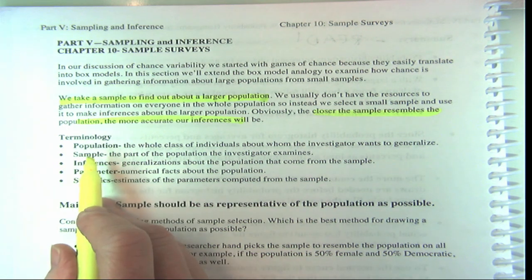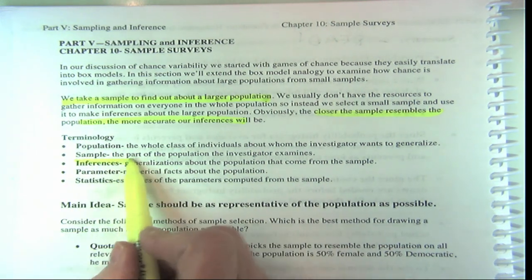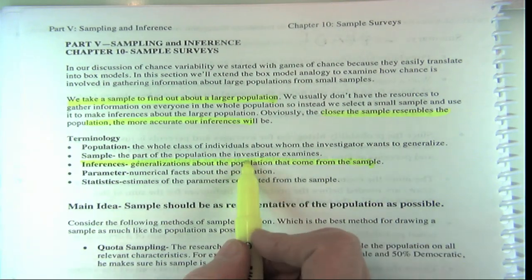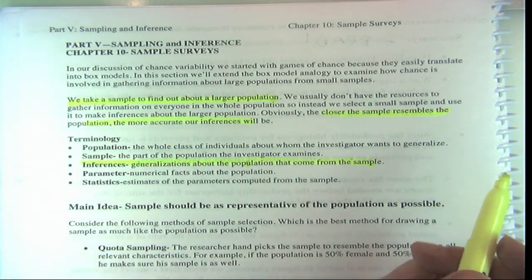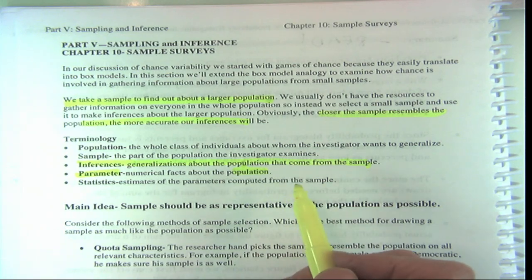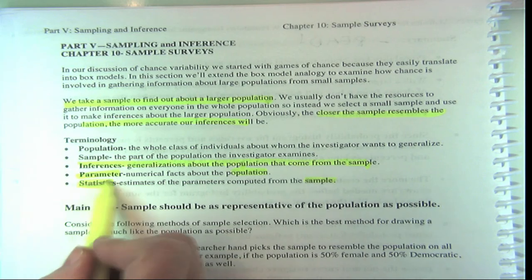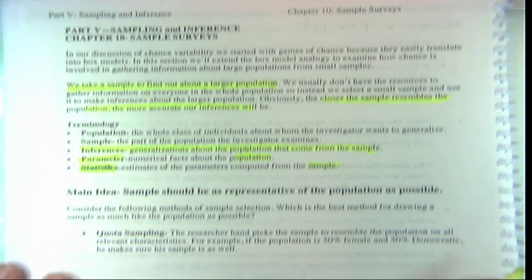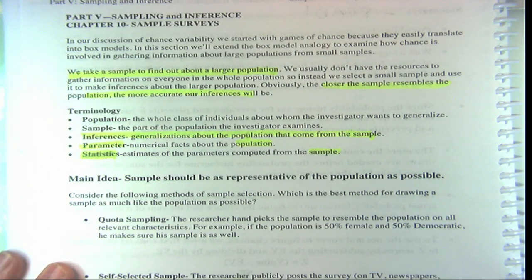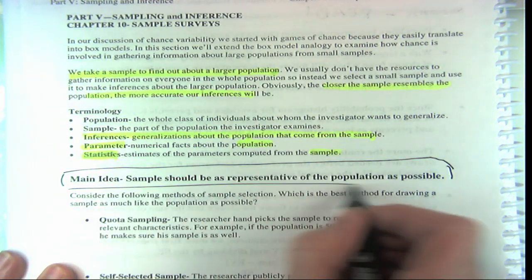But now we're going to be looking at things like political polls, where we take a sample from a much bigger population, and we make an inference from the sample to the population. Remember, parameters are the numerical facts about the population we're trying to estimate with our sample statistics. And the main idea is, how do you make the sample as representative of the population as possible?